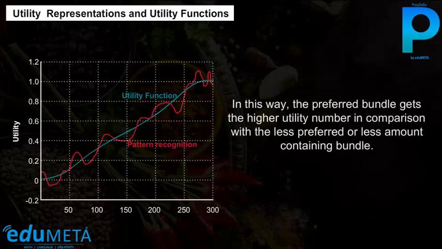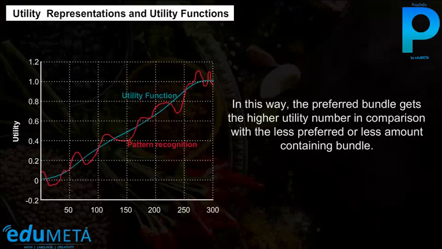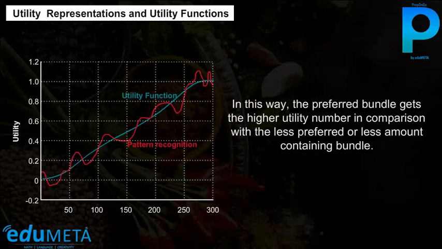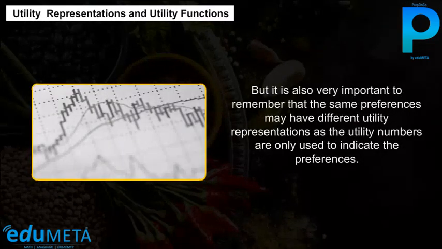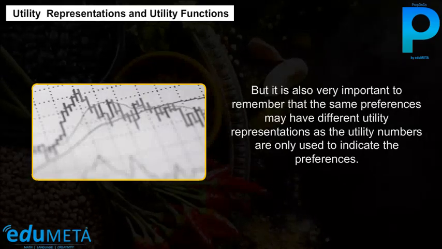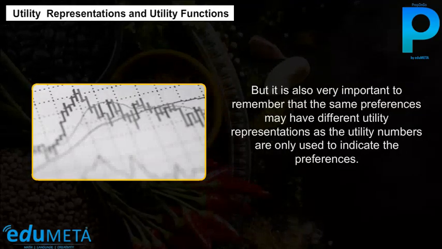In this way, the preferred bundle gets a higher utility number in comparison with the less preferred or lesser bundle. But it is also very important to remember that the same preferences may have different utility representations, as the utility numbers are only used to indicate the preferences.